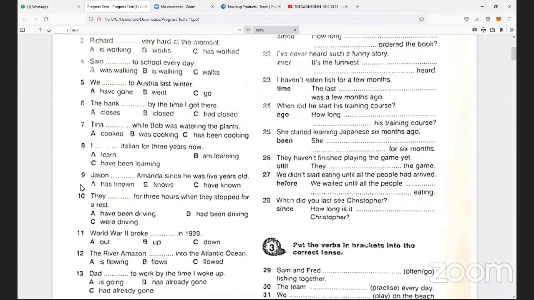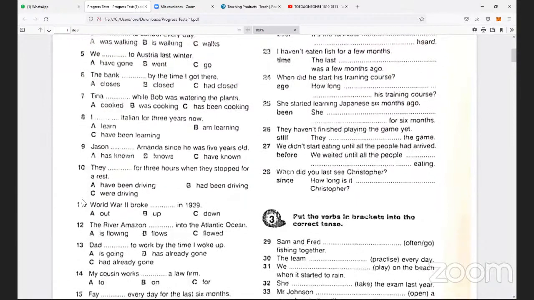Jason has known Amanda since he was 5 years old. Perfect. 10.